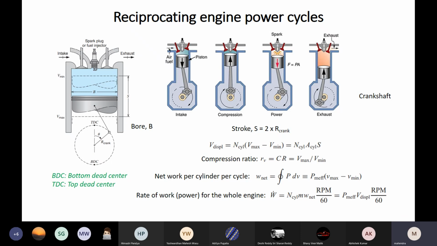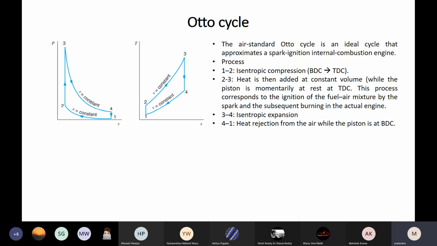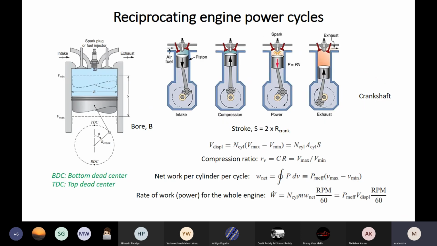So in case of the Otto engine, the Otto cycle, when compression is happening and the piston reaches over here and is about to be taken back, that motion is like a sinusoidal curve.